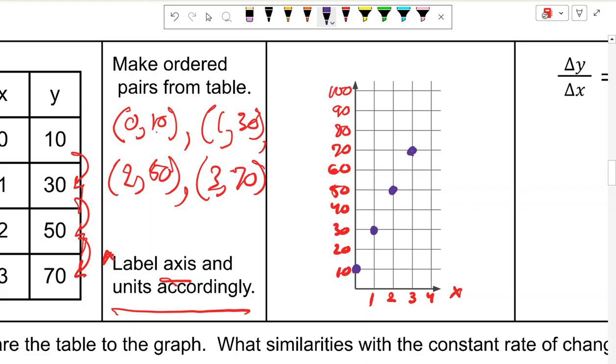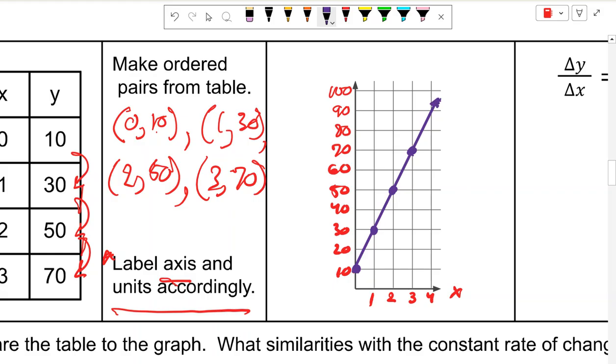Now you use your ID card or possibly something with a straight edge, and you draw a straight line connecting all of these dots. Let me try that again. Put a little arrow at the top. And you can see a straight line covers all of your points on the graph.